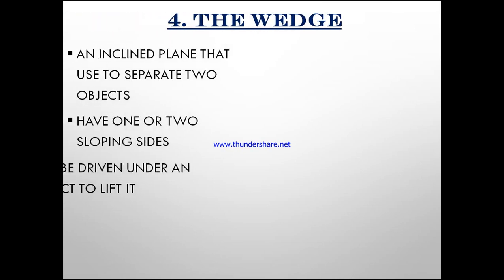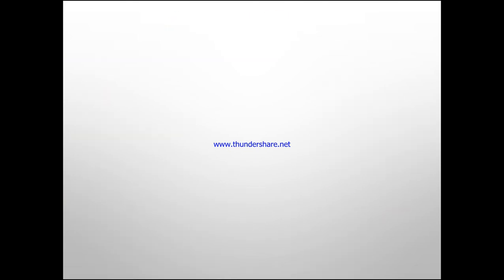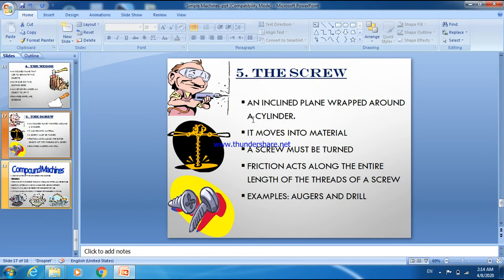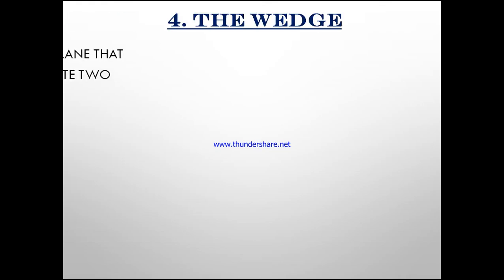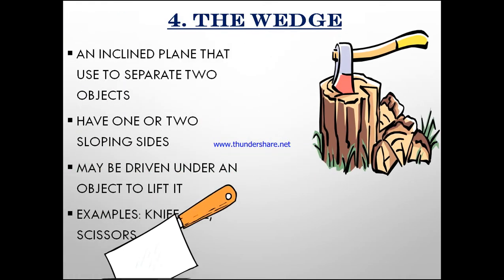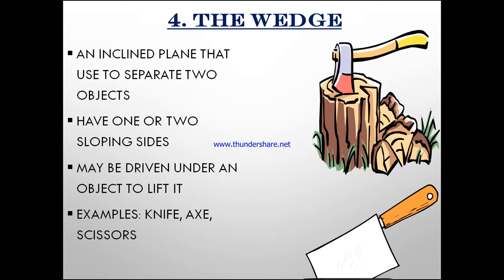The wedge. What about the wedge? Yes, the wedge is an inclined plane that is used to separate two objects. You will find this has two inclined planes here, and this also contains two inclined planes.